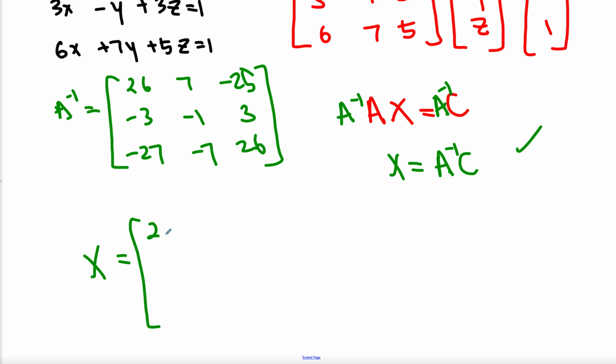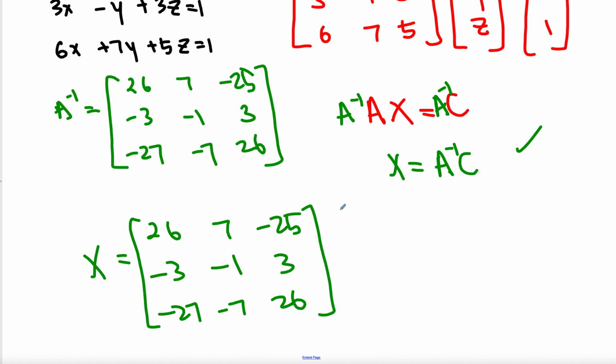So then it becomes 26, 7, -25. I'm just copying this one out and multiplying that by the result, 1, 1, 1. Then what do I end up getting for the first one? These 3 multiply to these 3, so we get 8.